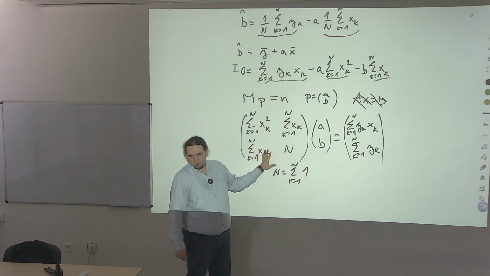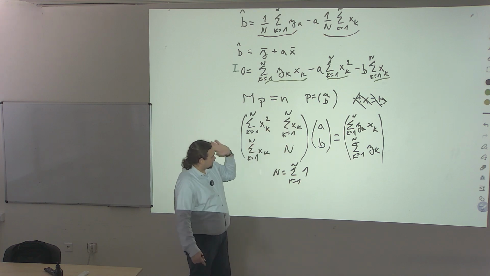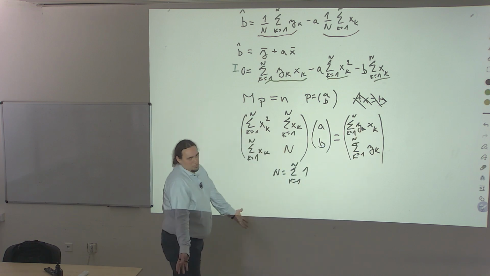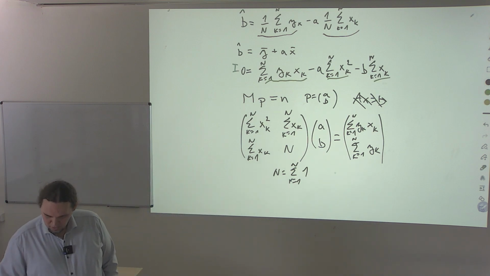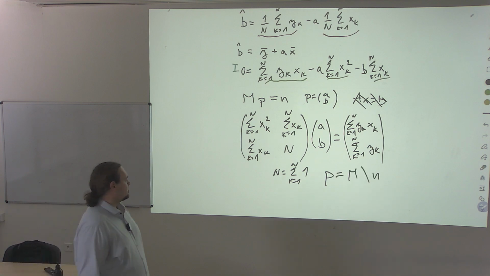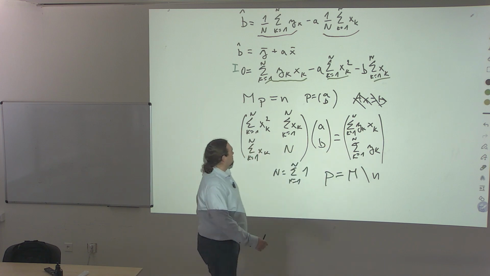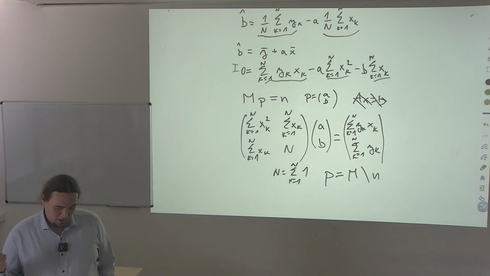All this matrix contains is our data, either x or, well, this is only x, and here on the right hand side we have a mixture of y's and x's. So our MATLAB routine will be very easy. We just do this inversion of matrix A times the vector, or we solve this system of linear equations. Easy peasy.